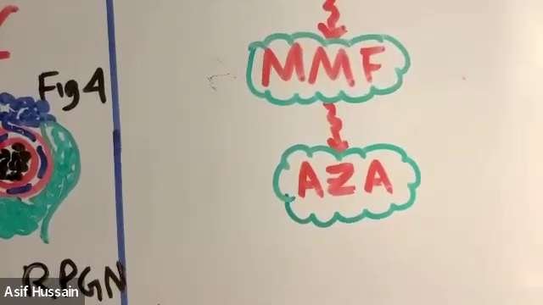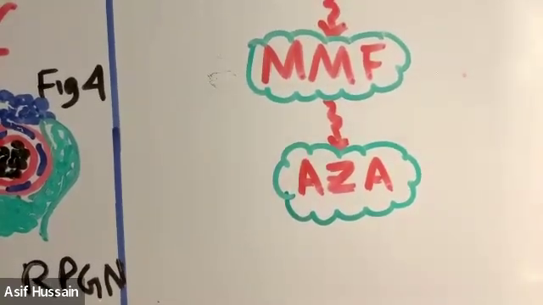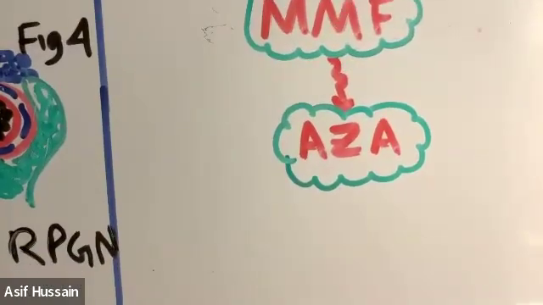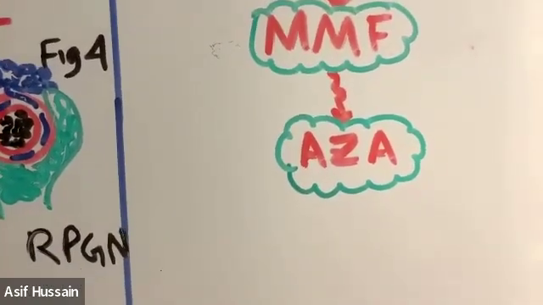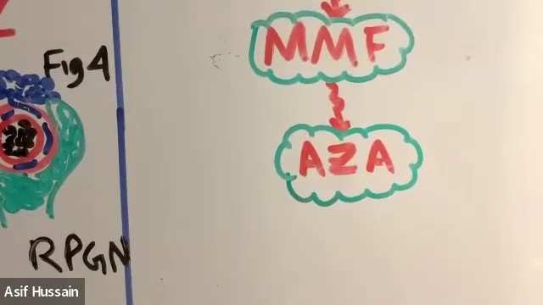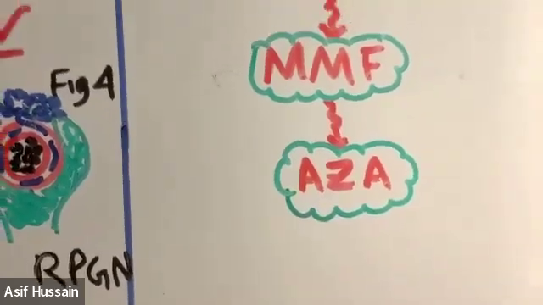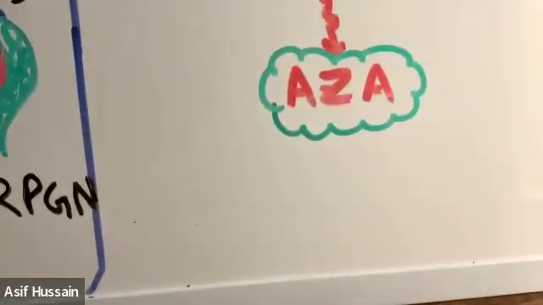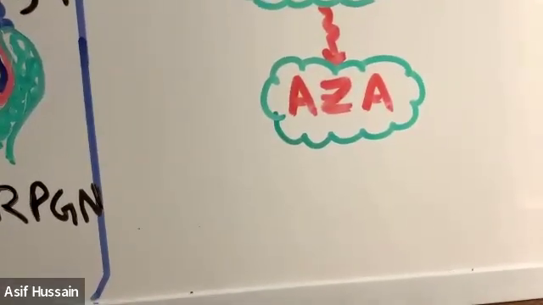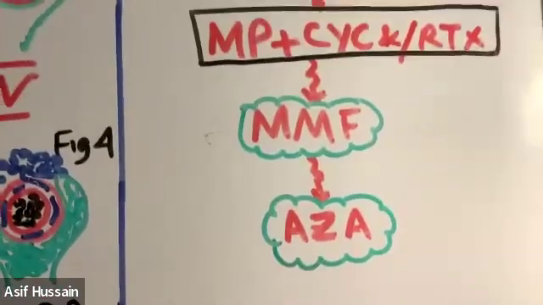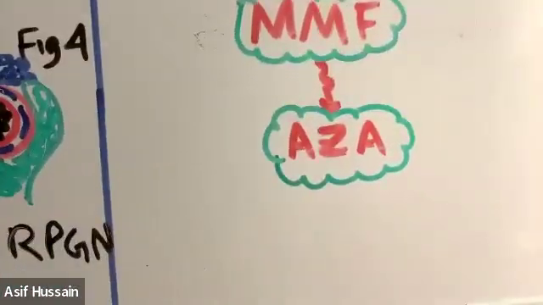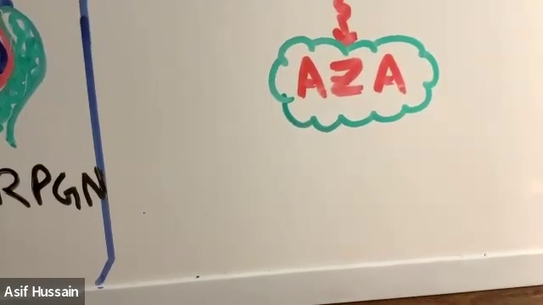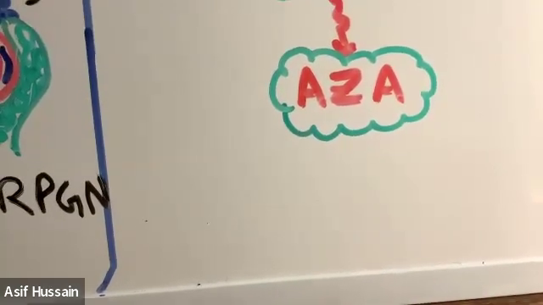So we use mycophenolate or rituximab as a maintenance therapy. Patients who have an easy induction or a lower risk of relapse are usually managed with azathioprine as maintenance therapy. Another advantage of azathioprine is that it is safe in pregnancy, whereas mycophenolate, rituximab, and cyclophosphamide are not safe in pregnancy. Two milligram per kg per day is a safer dose of azathioprine in pregnancy.